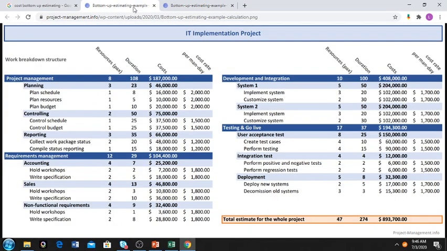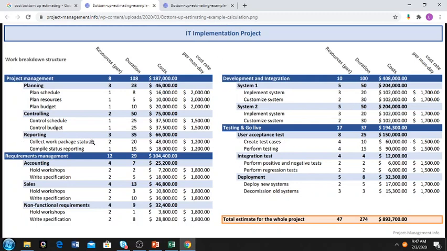Now what do we do here? Here is the cost of project management. Here is the cost of requirement management. Here is the cost of development and integration, and here is the cost of testing and going live.